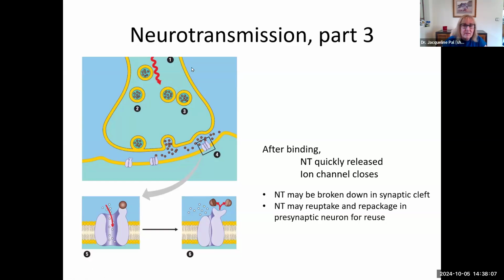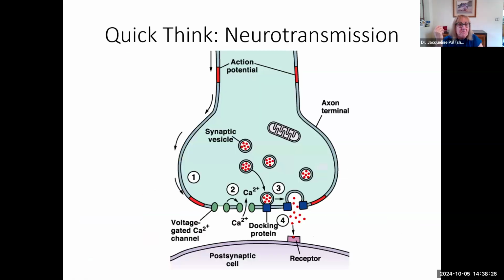Other neurotransmitters can be taken back up, repackaged, and then destroyed by a lysosome that comes along and destroys it in the presynaptic neuron. Bottom line is, most neurotransmitters are going to be destroyed, but some of them can be reused.